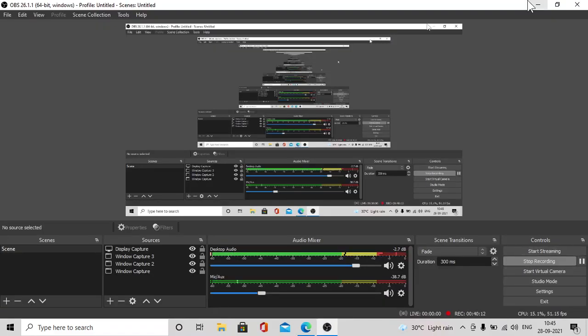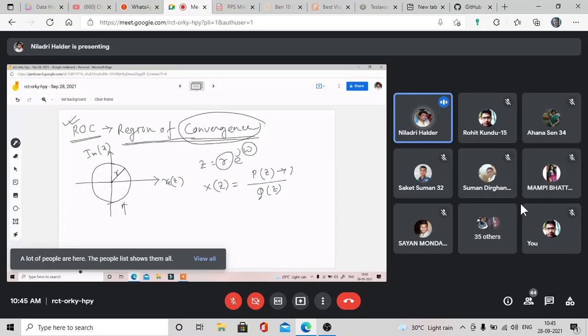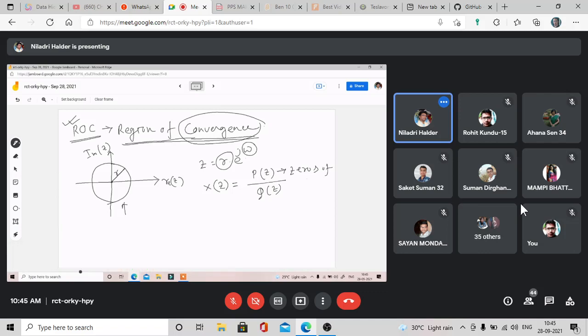You will get some value of X(z) like P(z), a function of z, and below a function Q(z). These values define the zeros and poles of X(z).